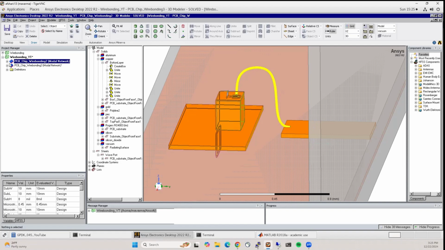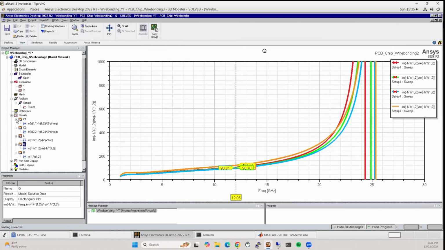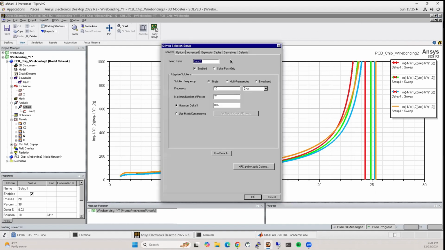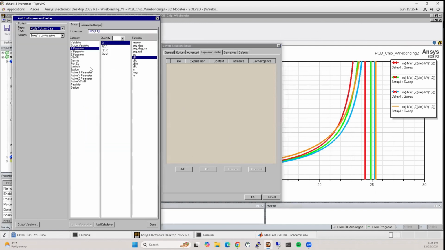Okay, one last thing I should mention before we close is that if you want to accurately find the Q, what you can do is set the convergence parameter to be the Q, or even the inductance and capacitance, depending on what you want to find, because HFSS uses the S parameters to converge, but you can use some other parameters as well.